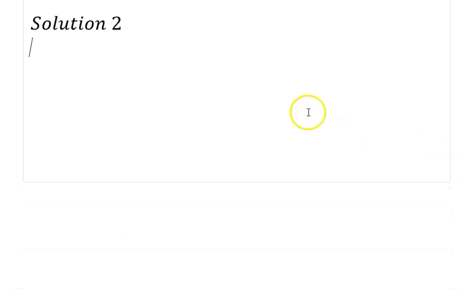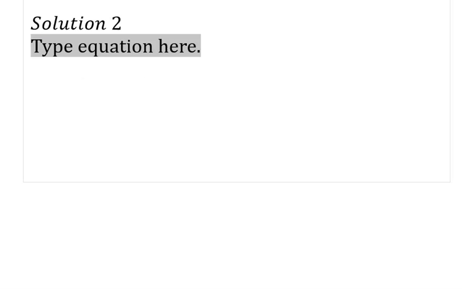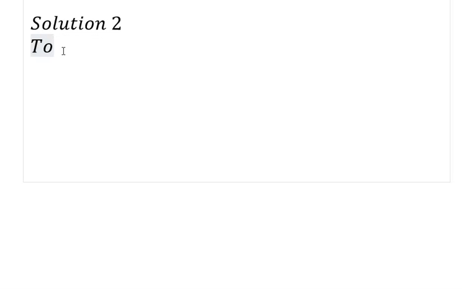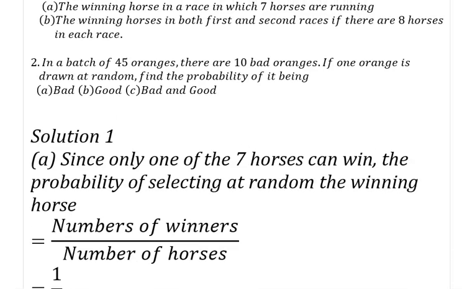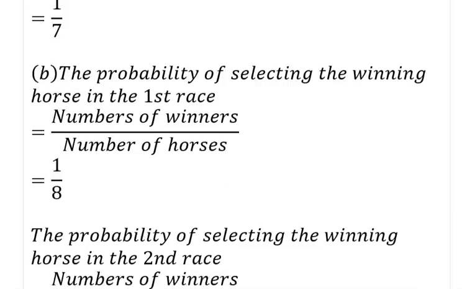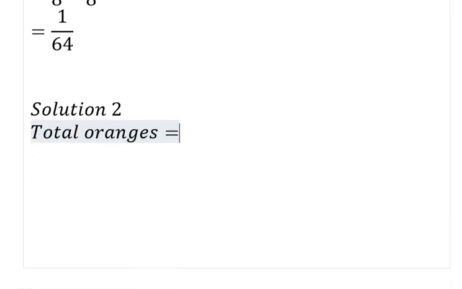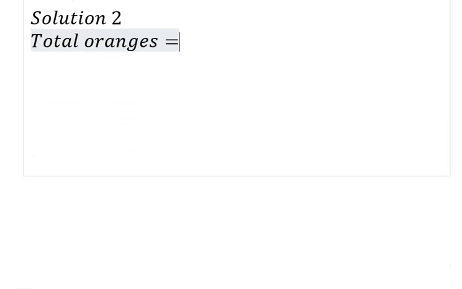Let's bring out our parameters. We're told that the total oranges, how many are they? Total oranges, we have 45 of them. Then 10 are bad. Total oranges 45.